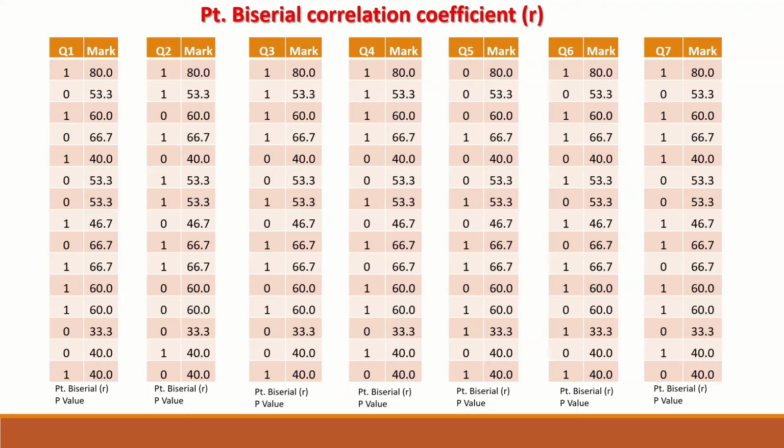We do this for every question or item to generate a specific R value and P value for each question. This is how it is done in a statistical package or software.